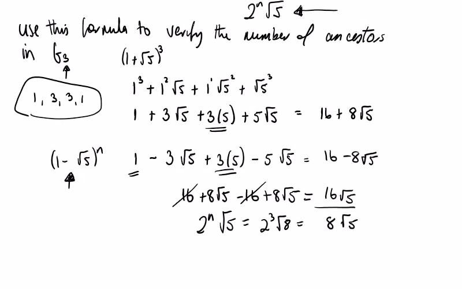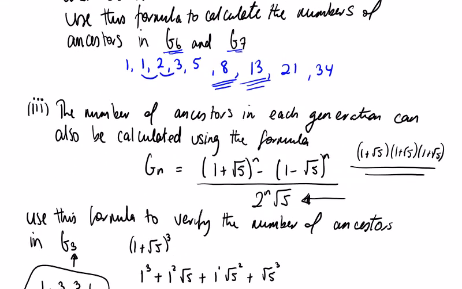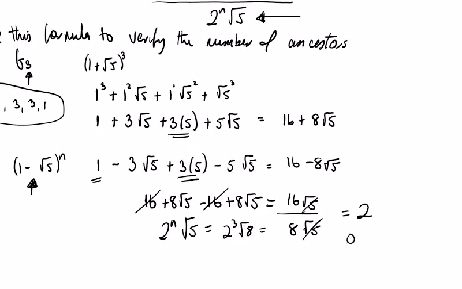So the first one over the second one is going to give me 16 over 8, which is equal to 2. In generation 3, Fibonacci, we have a 2. So that's quod erat demonstrandum, that which must be demonstrated, and that's the end of this question.